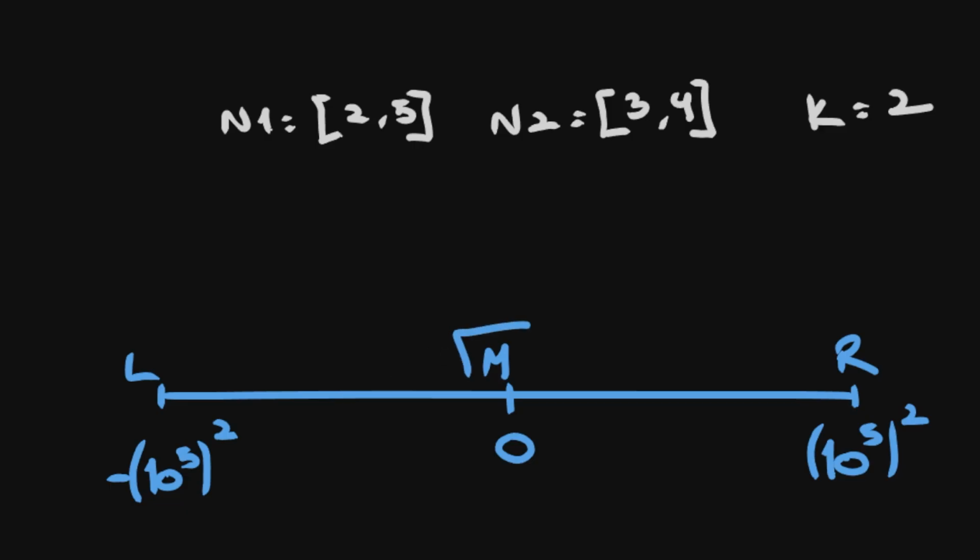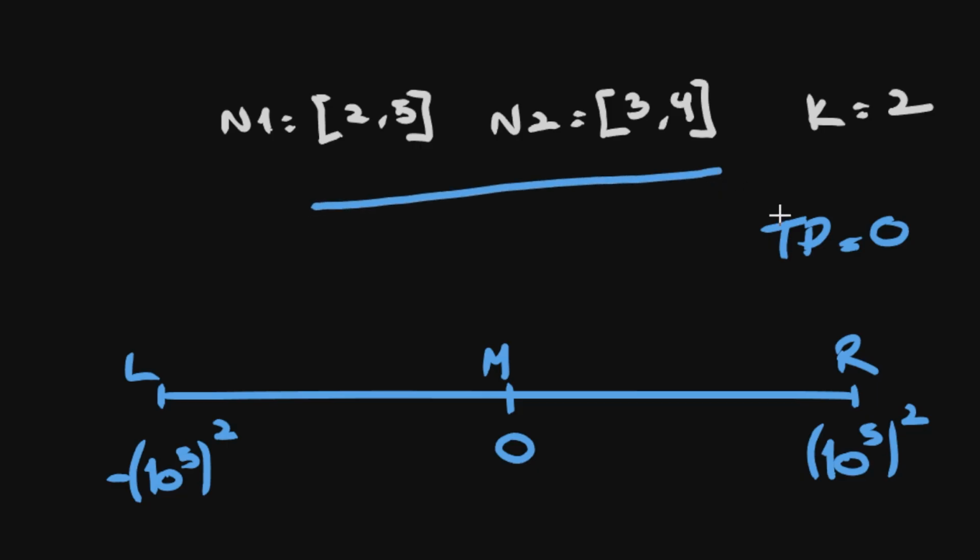So the mid pointer is initially in between these two, meaning 0. And now this will be our target product, or TP. This is initially 0. And now we need to check how many products do we have here that are smaller or equal to this target product.